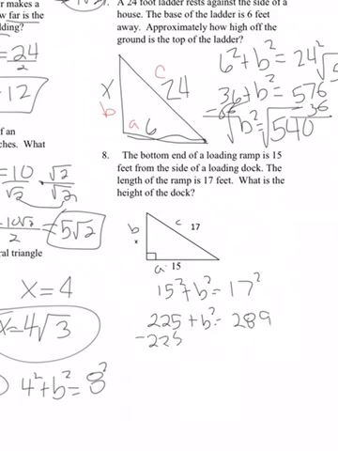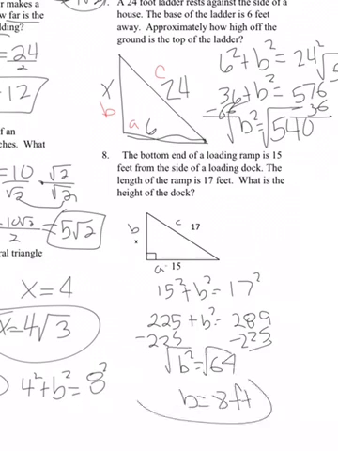Minus the 225 to both sides, and you're left with 64. Square root, and the height is 8 feet.